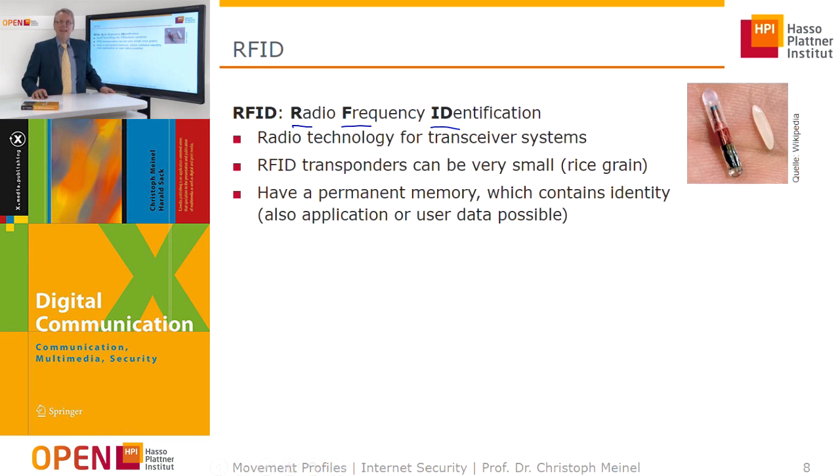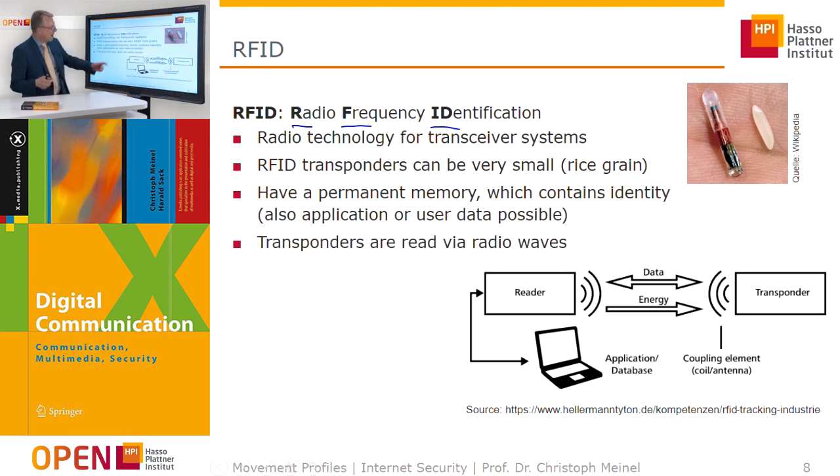The RFID chip has a permanent memory which contains the identity. Also, application of user data is possible, so that the RFID chip reader can exactly see and get this information from the transponder. The transponders are read via radio waves.